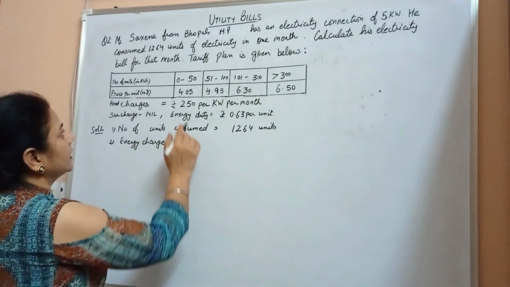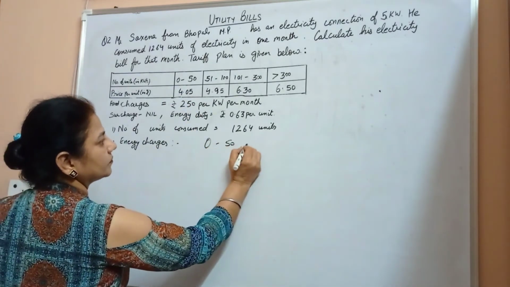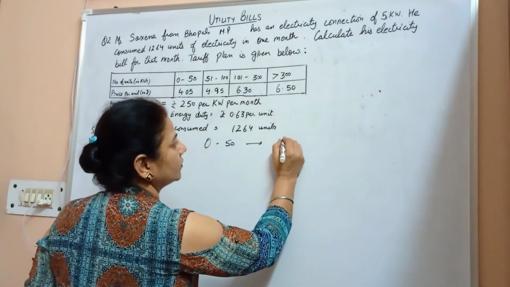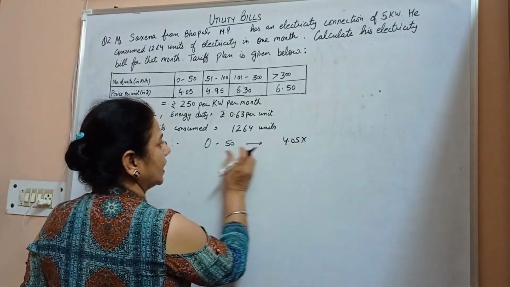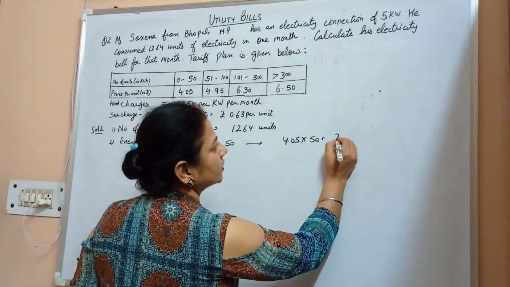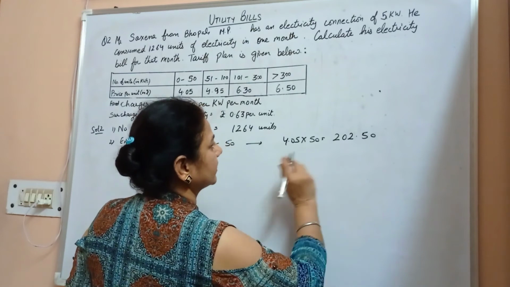Here is given to us 0 to 50, 4 rupees 5 paisa is the rate, and total units consumed is 50. That comes out to be 202 rupees 50 paisa.